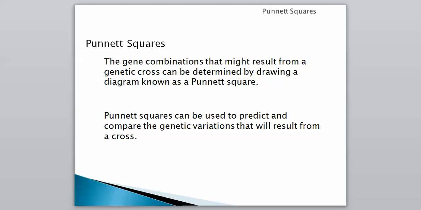So our Punnett squares help us determine the genetic crosses that could be possible, and they're used to predict and compare the genetic variations that will result from a cross. So it's again using probability because they're not always 100% correct, but it's just giving our best guess at what might happen.